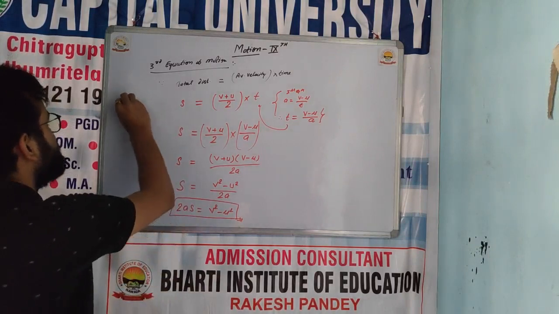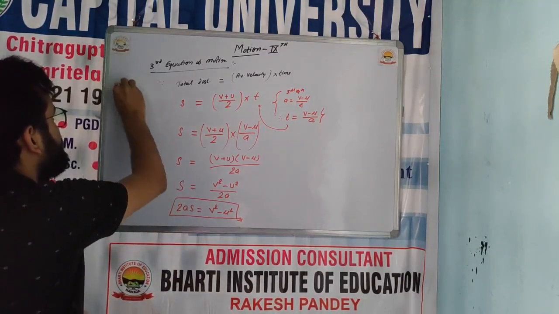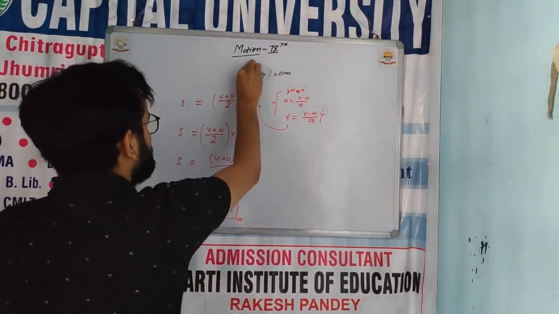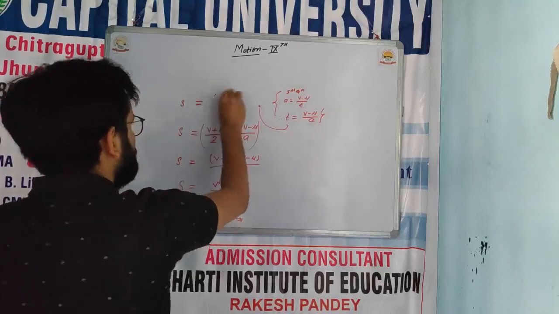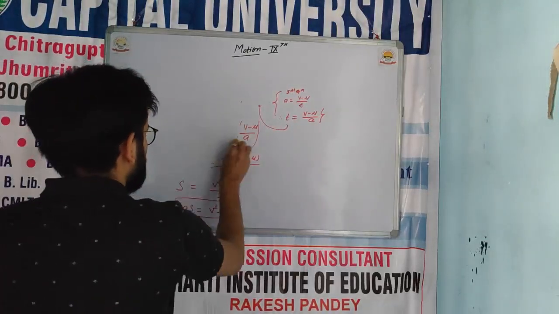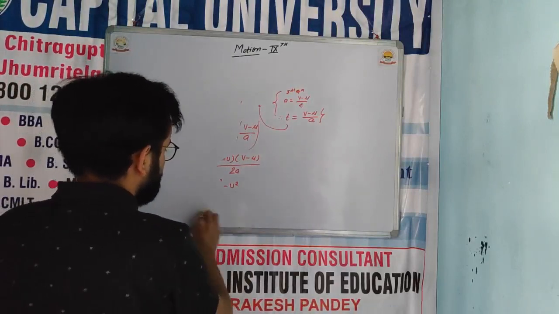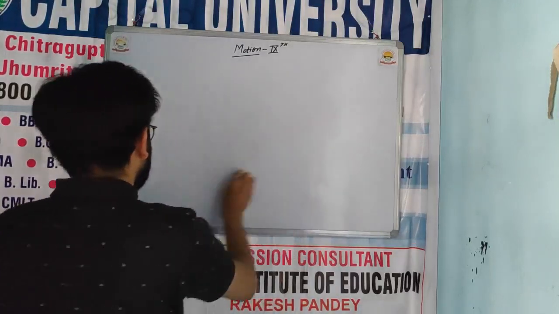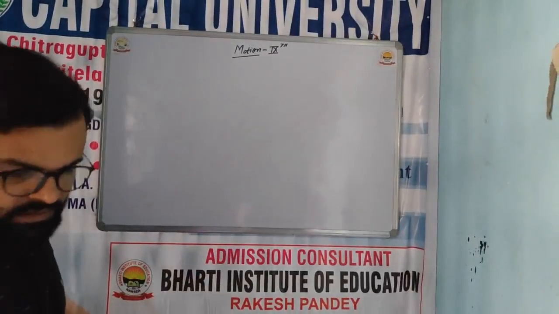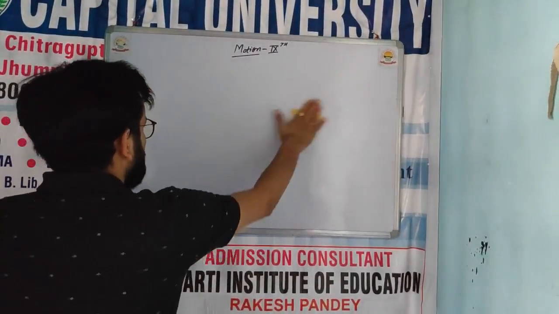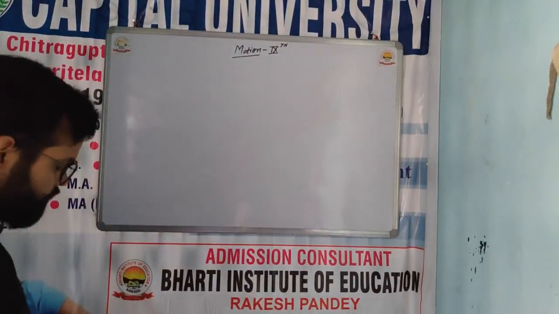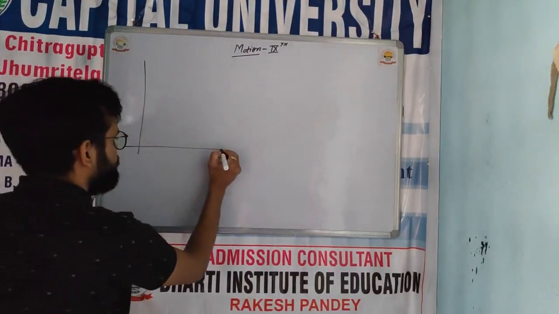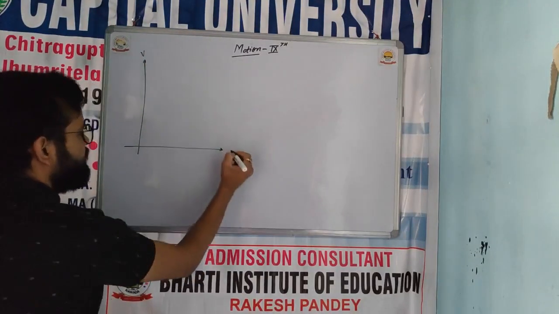Now, students, let's derive the equations of motion by the graphical method. For the graphical method, we must first draw a graph which maintains the distance, time as well as the speed or velocity of a body. Look here, this is a velocity-time graph.